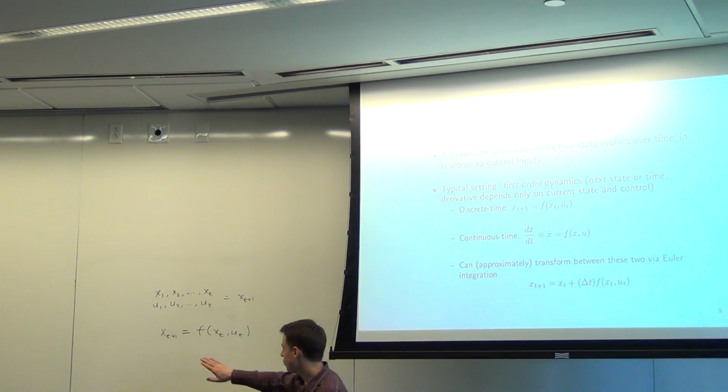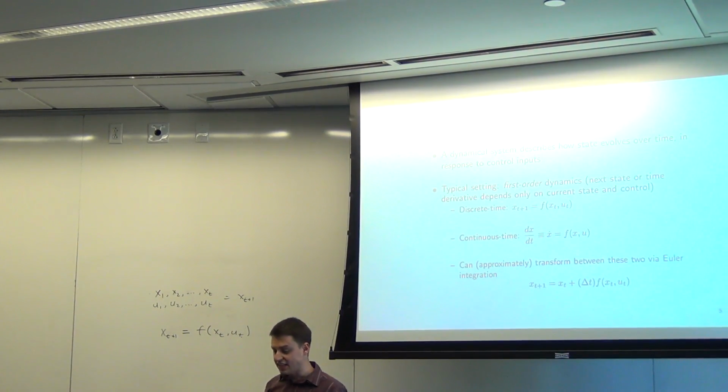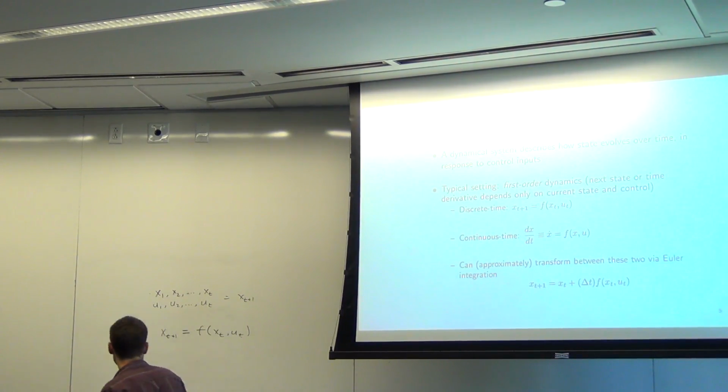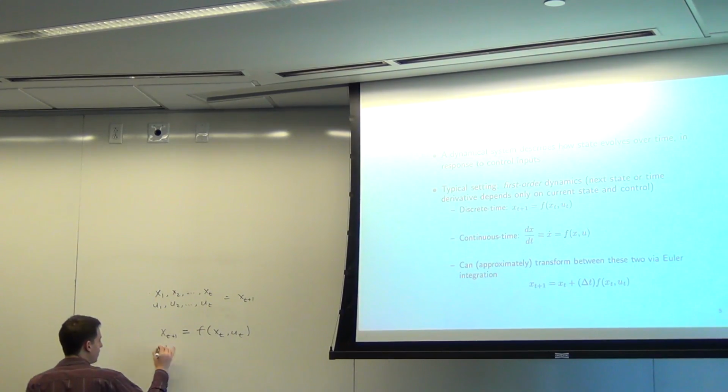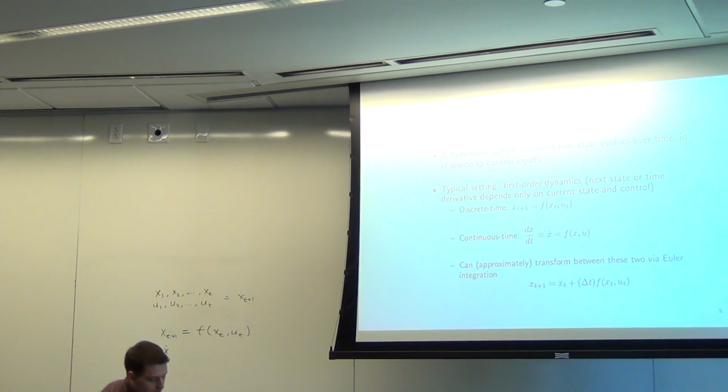Now this is what's called a discrete time formulation for a dynamical system, meaning that there is a discrete number of time points, and the next discrete state is a function of the current state and the current control. What you will also likely see is a continuous time formulation, which prescribes the derivative of the current state as a function of the state and the control.